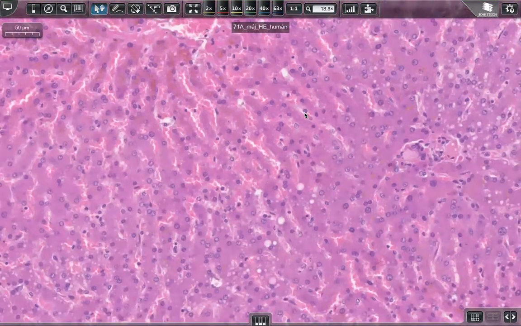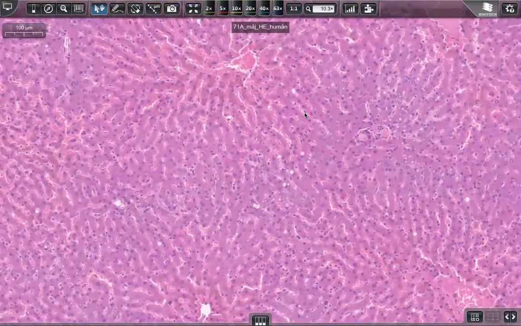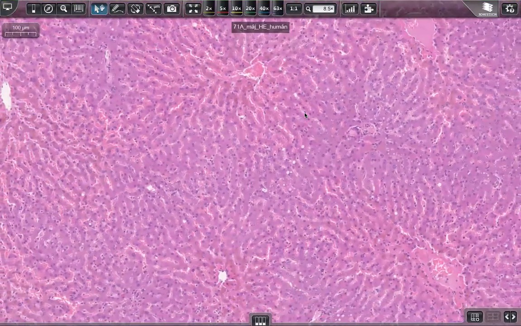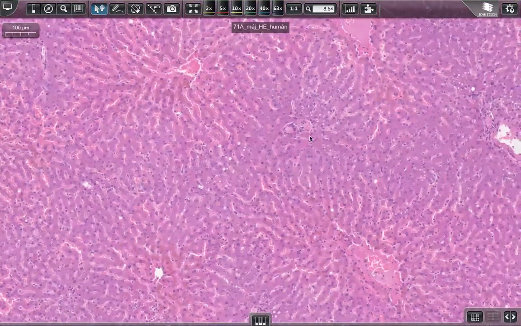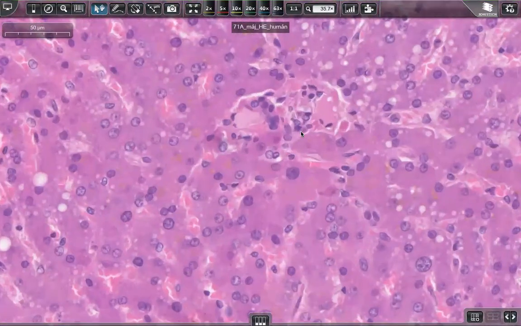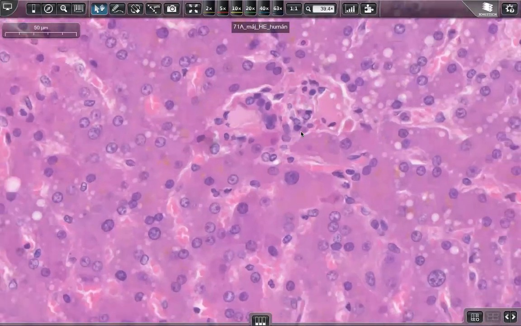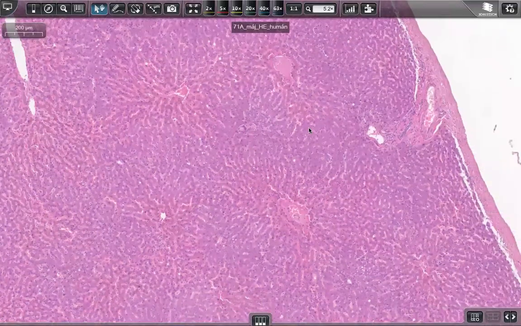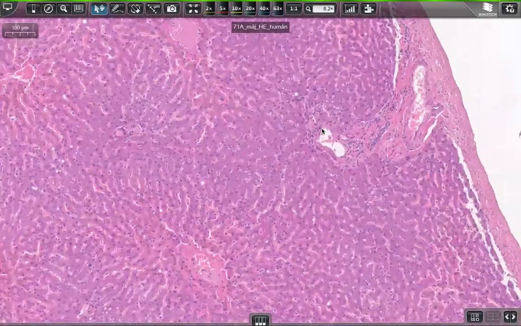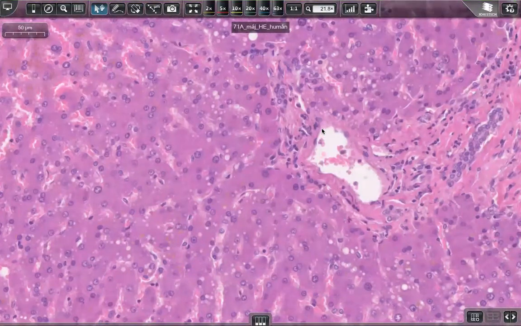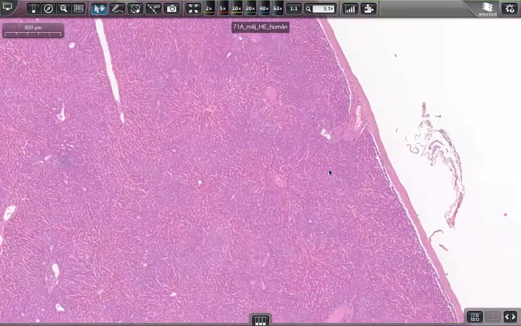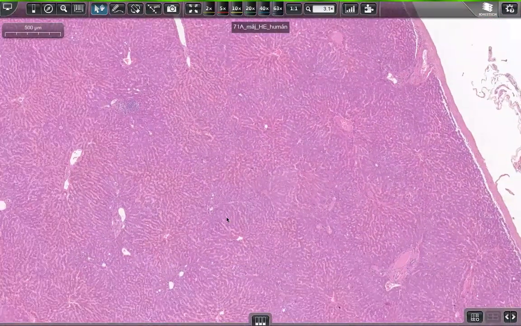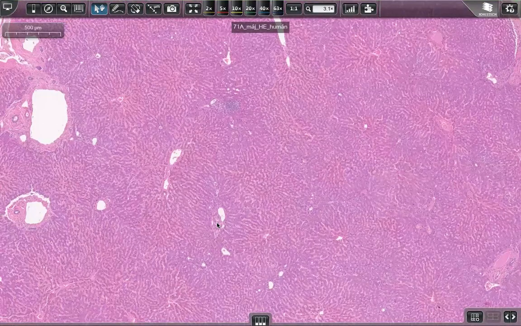Now let's see the periphery. I want to show the three structures.